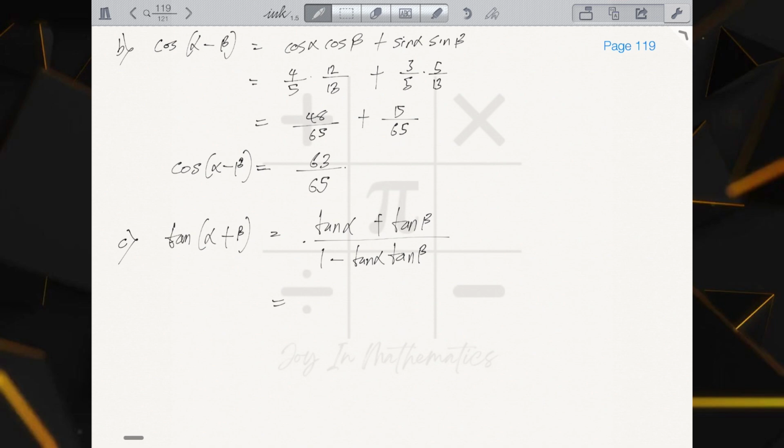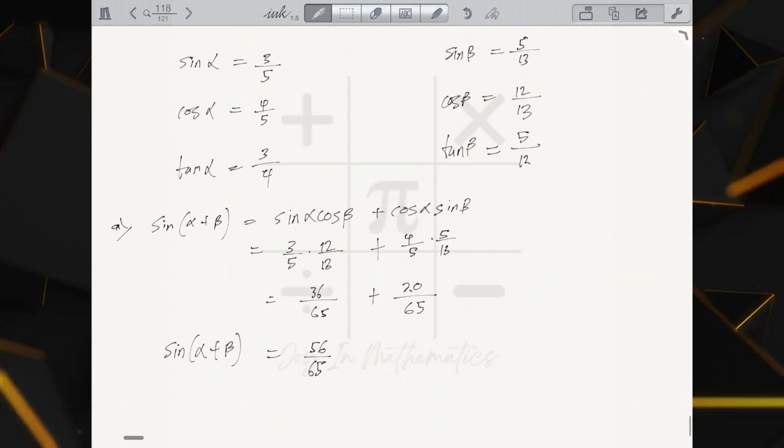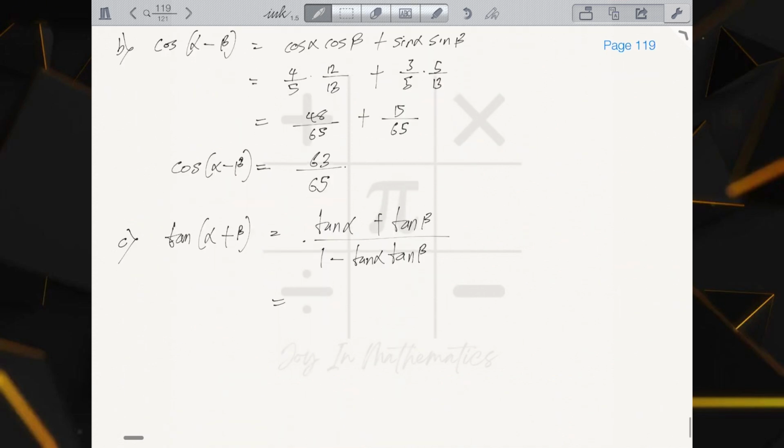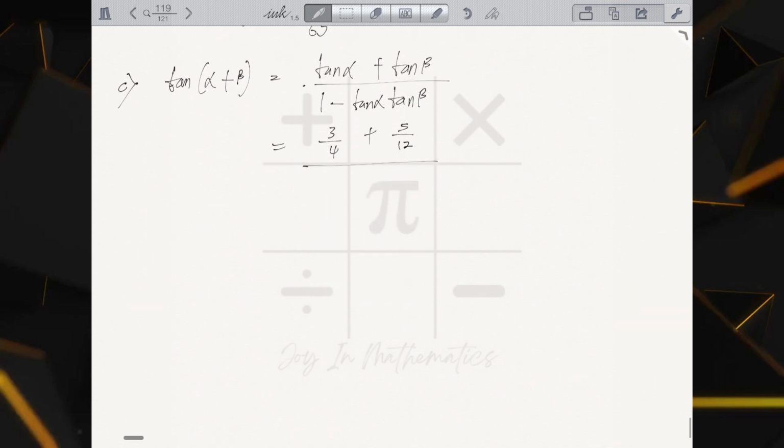So let's look for what is tan alpha and what is tan beta. Tan alpha is 3 over 4 and tan beta is 5 over 12. So let's apply that: tan alpha 3 over 4 plus tan beta 5 over 12, divided by 1 minus tan alpha tan beta, that's 1 minus 3 over 4 multiplied by 5 over 12. So let's find the LCM for the numerator.